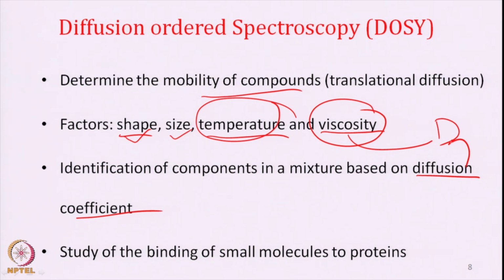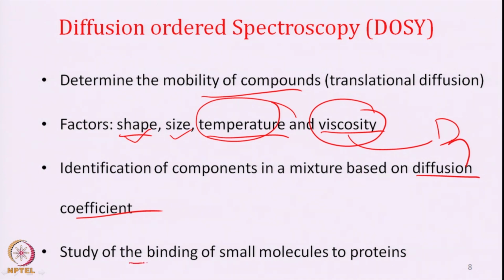We also looked at the T2 relaxation time changes, and that is for line shape changes. Similarly, diffusion can also change. Suppose a molecule is diffusing very fast, translational diffusion. When it binds to a macromolecule, its effective size increases and its diffusion rate can change, and it can diffuse very slowly compared to what it was doing.